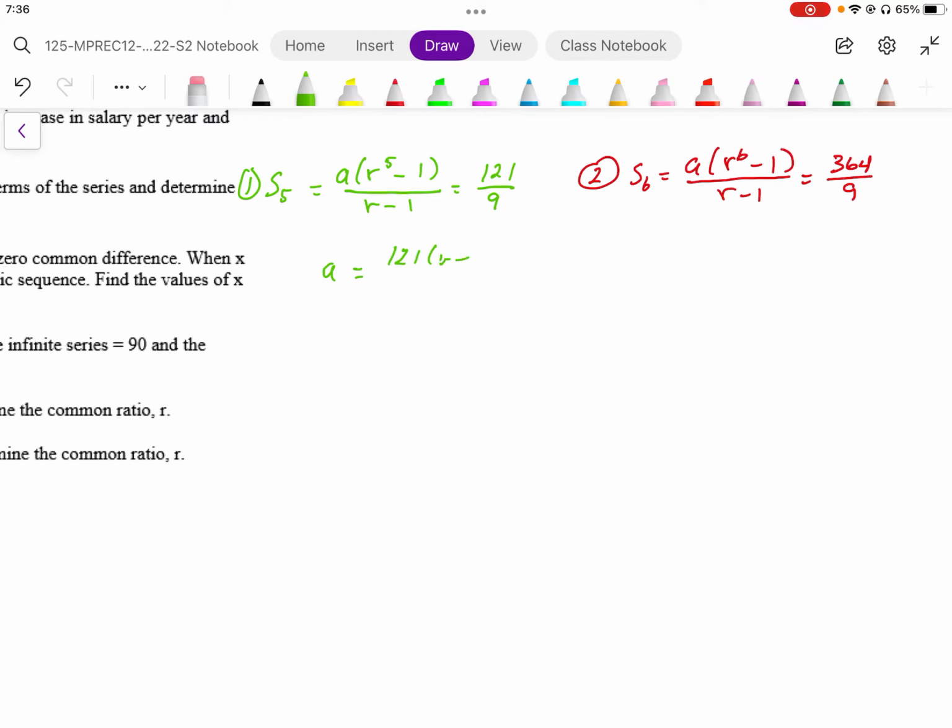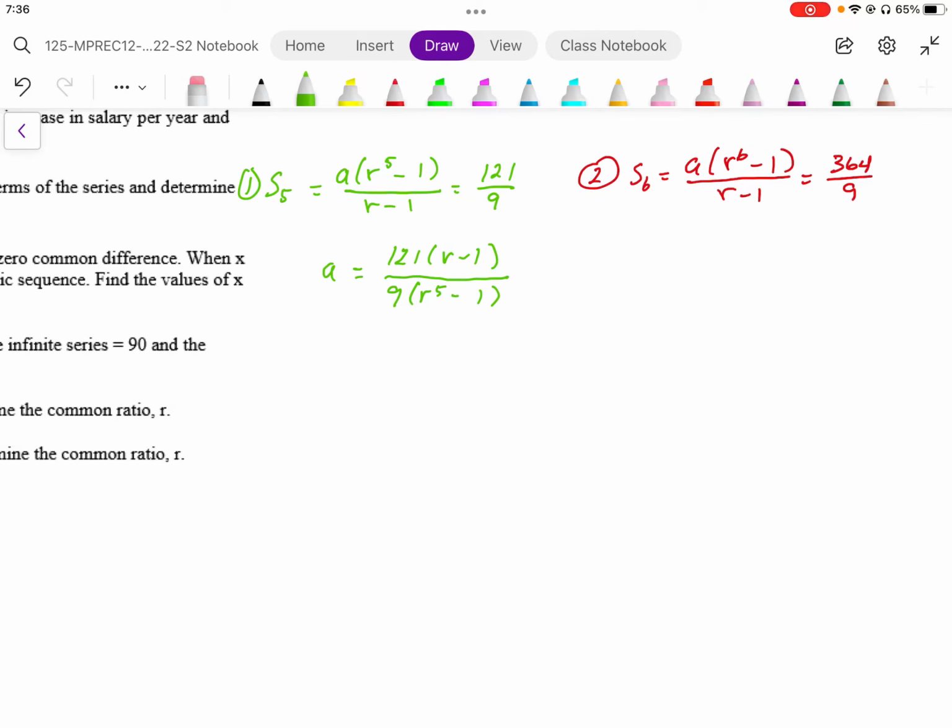121 times (R minus 1) over 9 times (R to the power 5 minus 1). And then I'm going to take that A and substitute it into equation 2, which I've expressed with A's and R's as well.